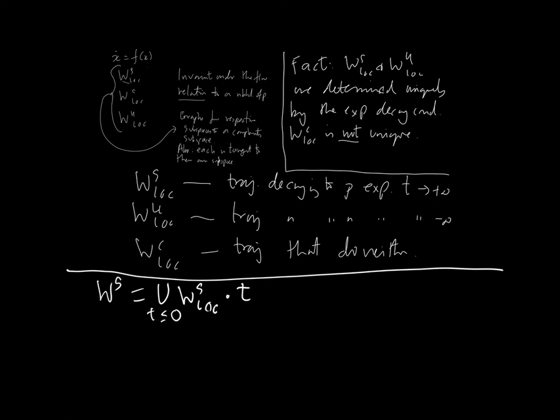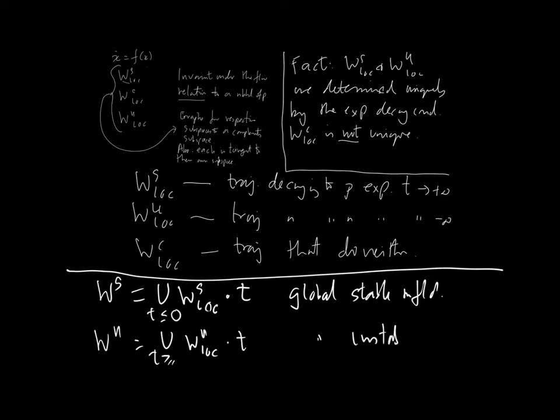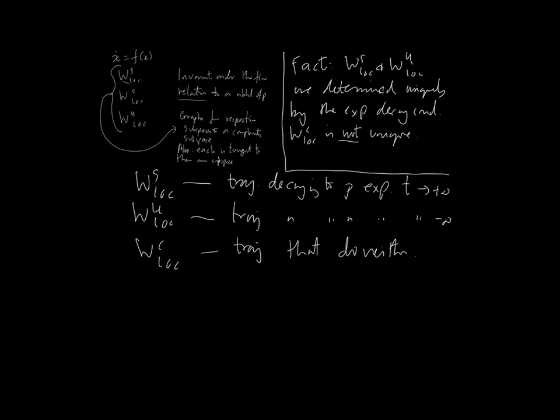So you take the union over all backward iterates of Ws loc. This is the global stable manifold. Similarly you can do the global unstable manifold, which is the union over T bigger than or equal to 0 of Wu loc dot T. It honestly doesn't really make sense to talk about the global center manifold. That is really just a local object. Okay, so this completes the unit on invariant manifolds.